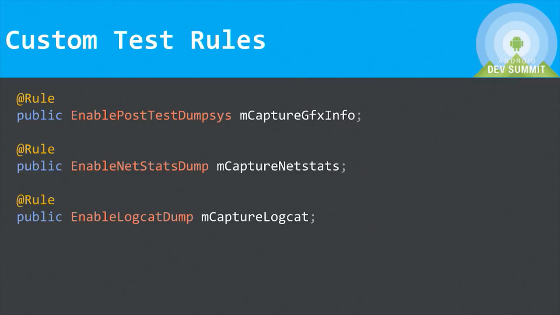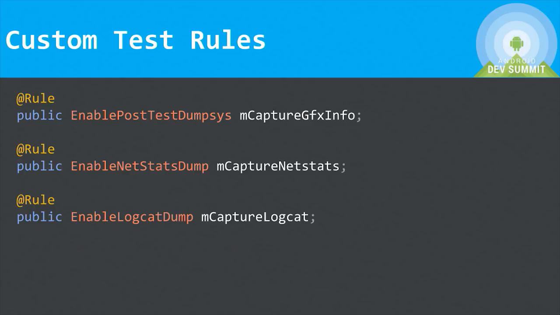The key part of this are some custom JUnit test rules that we have added. Stefan talked about rules already. These allow you to add some additional functionality to your existing tests. So here we have 3 rules. The first one basically runs the dumpsys gfxinfo command, which you might have already used if you've tried to track down some jank issues in your application. It allows you to gather some statistics on, for example, the number of janky frames that you had and the rendering performance.